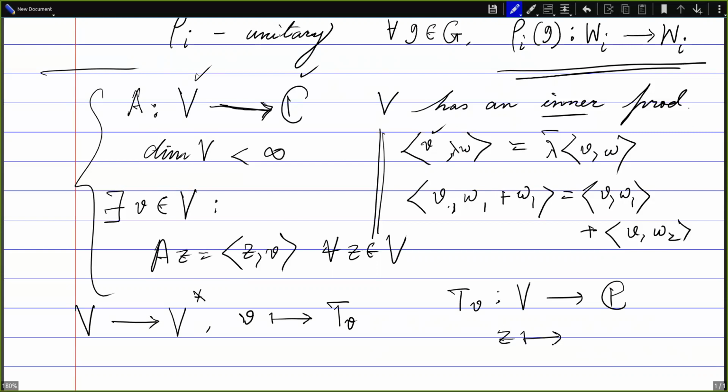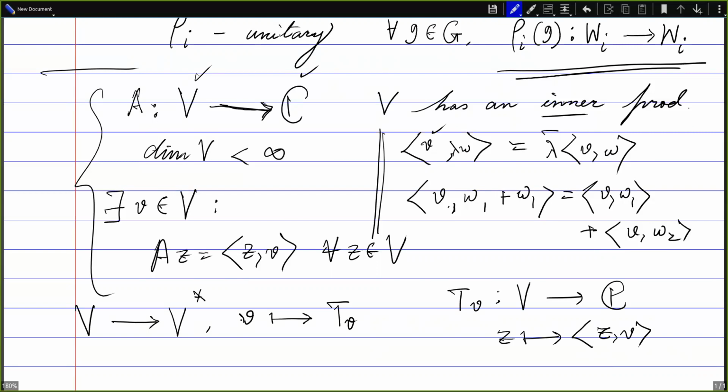T_V of Z is the inner product of Z and V. So in view of the Riesz representation theorem, we have a bijection from V to V star, given by sending each V to the corresponding linear functional T_V.